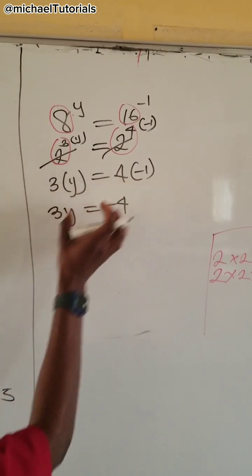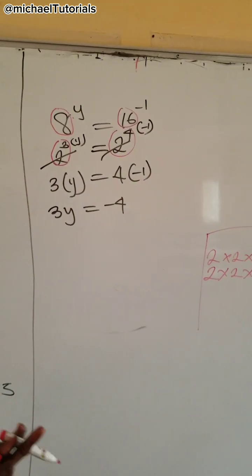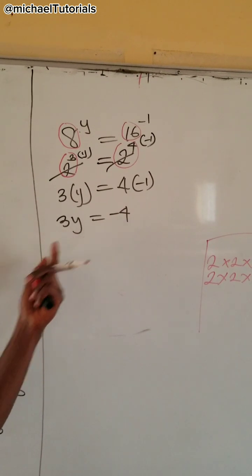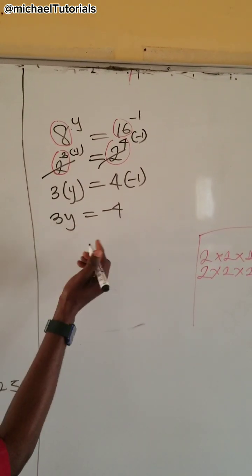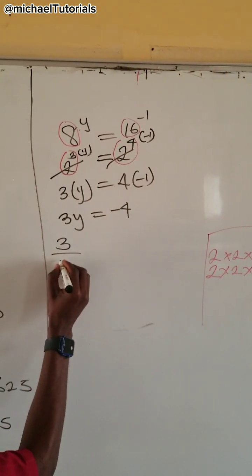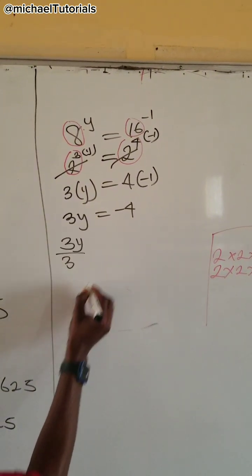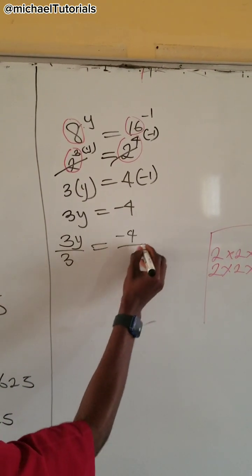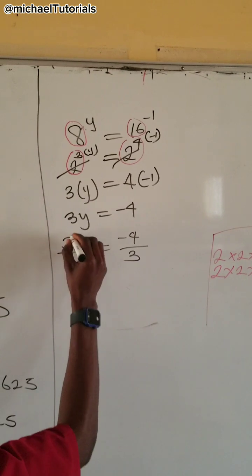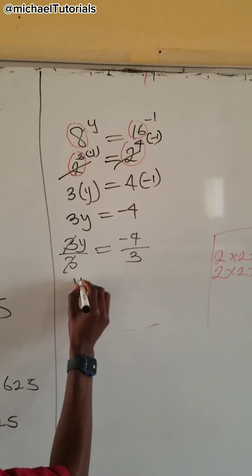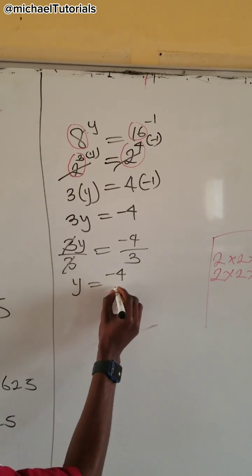After we open the bracket, this is what we have. Now divide both sides by the coefficient of y, which is 3. That will give us 3y divided by 3 is equal to minus 4 divided by 3. Cancel this. You have y is equal to minus 4 over 3.